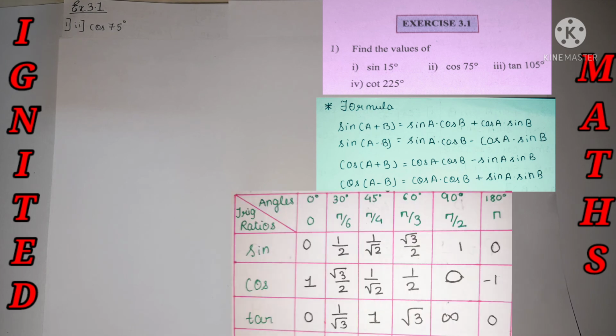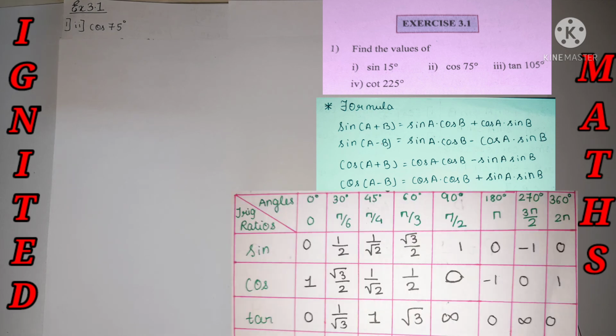Here on the right-hand side, the list of compound angle formulae is mentioned. With the help of the compound angles plus the trigonometric tables, we are going to solve it. 75 is nothing but 45 degree plus 30 degree. Why have I taken 45 degree plus 30 degree?